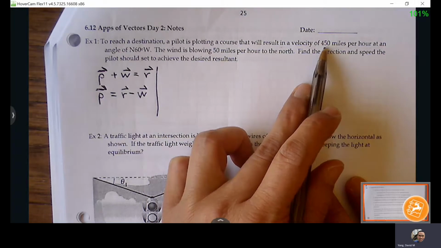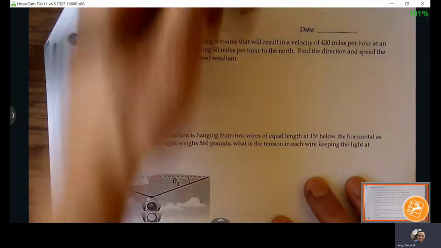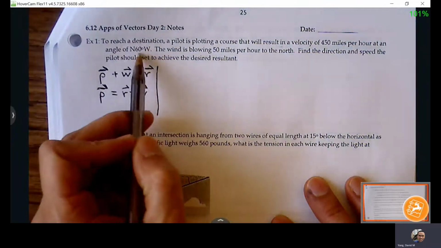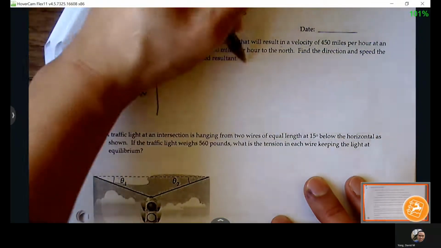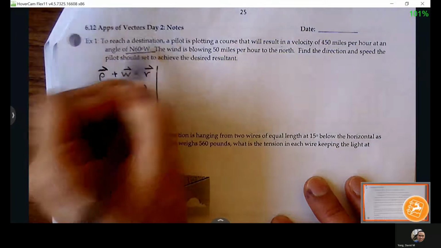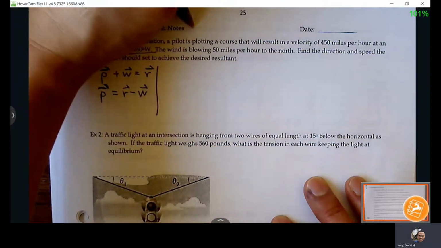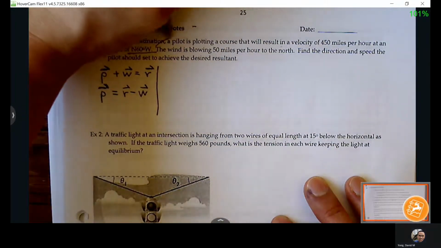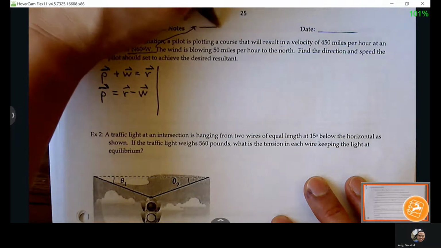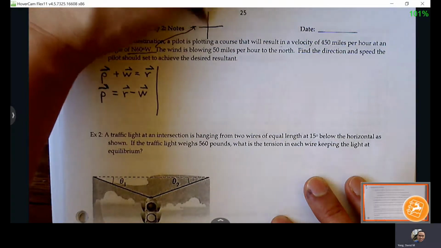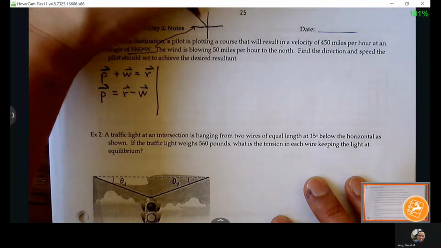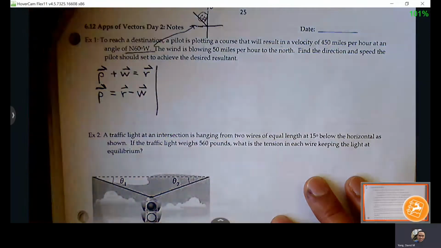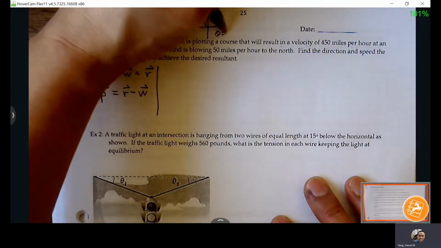Okay, so the velocity is 450 miles per hour for resultant, and an angle of north 60 degrees west. So north 60 degrees to the west. We know that theta is going to be 150, right?